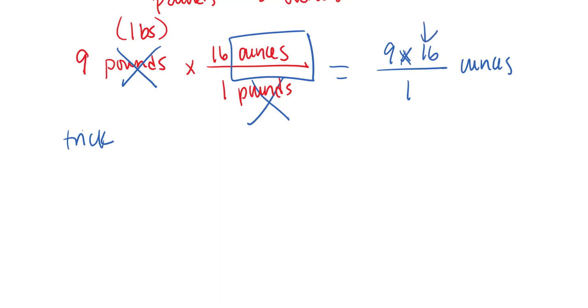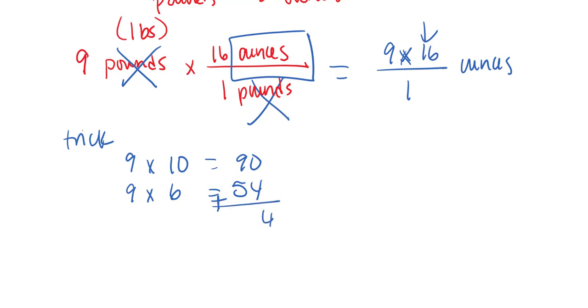So if we go 9 times 10, we get 90, right? And then we go 9 times 6 because we need to have 16. 9 times 6 is equal to 54. So when we do that, we just add them up, right? 0 plus 4 is 4. 9 plus 5 is 14, which is 144 ounces.